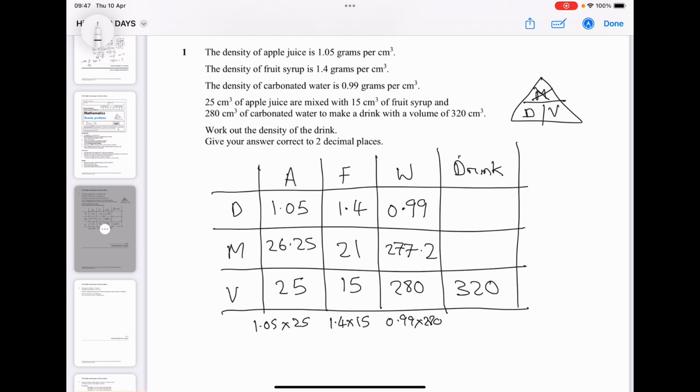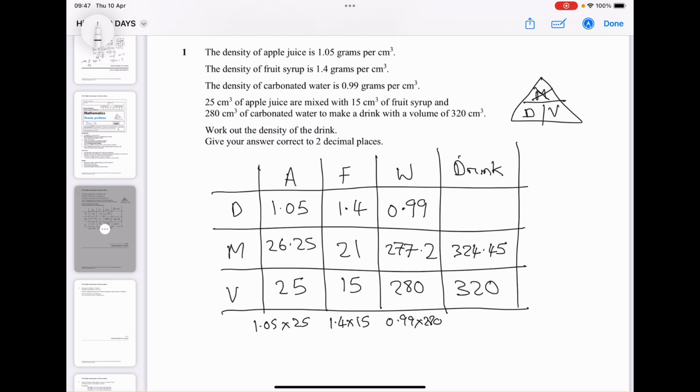So I've got 277.2 plus 21 plus 26.25. That gives me 324.45. Now I just want to find the density.